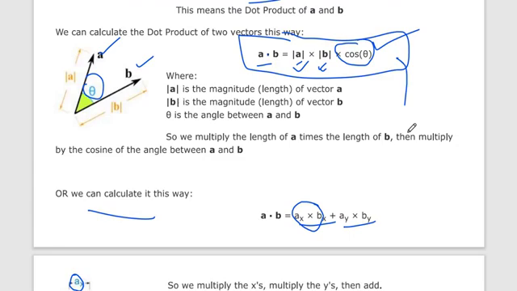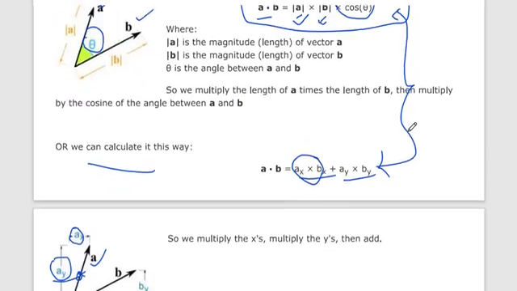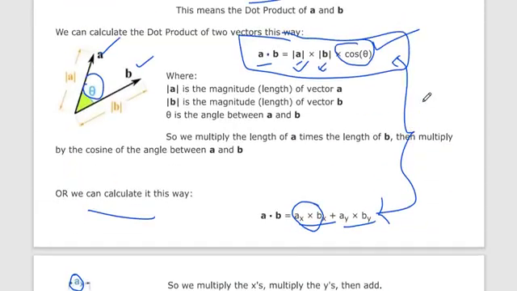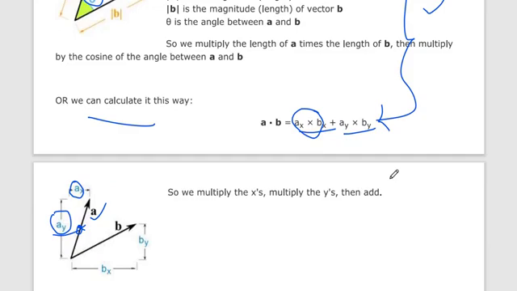So there are two equations for the dot product. You can use either one, and you will get the same answer. Okay, so in exam, in the question you get the values of ax, bx, ay and by. Okay, and after that you have to find what is the angle between them. Okay, so how do we find it?